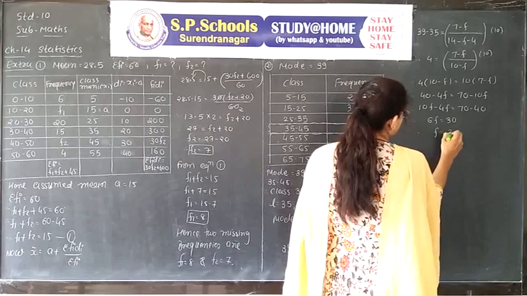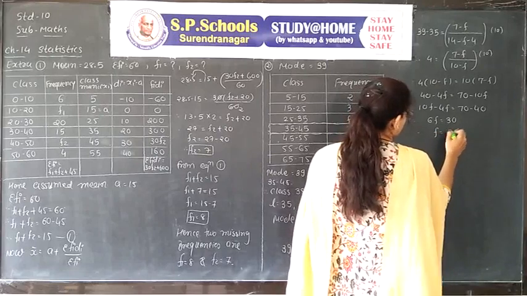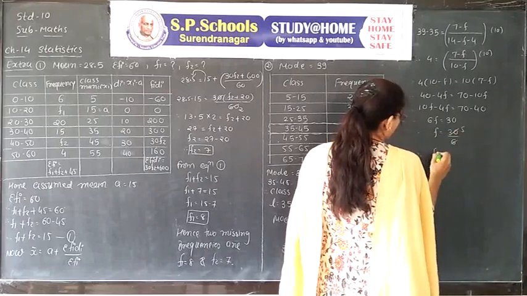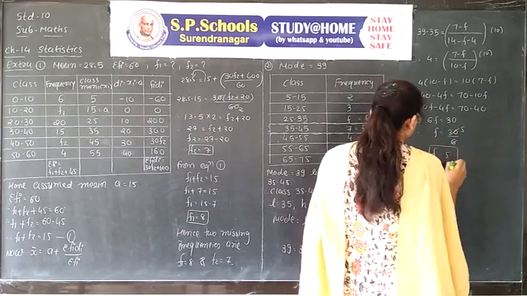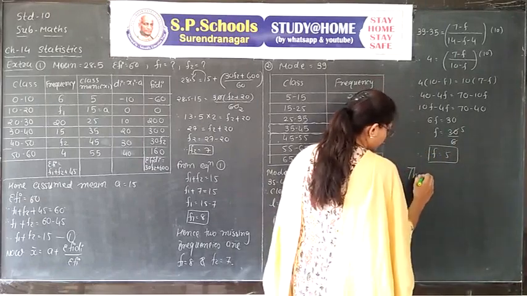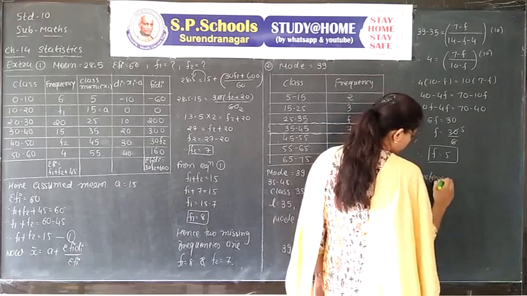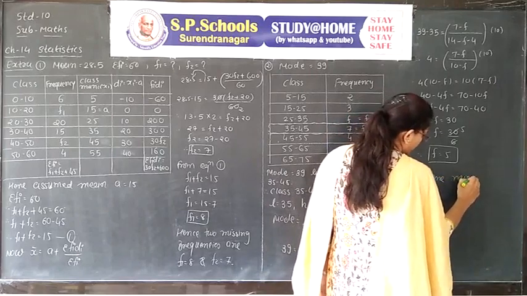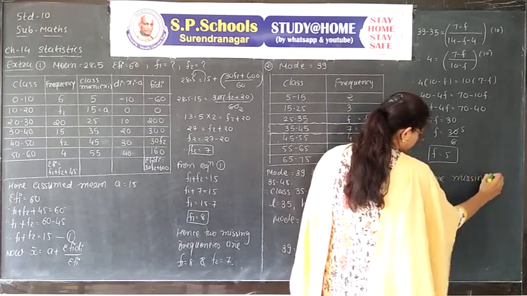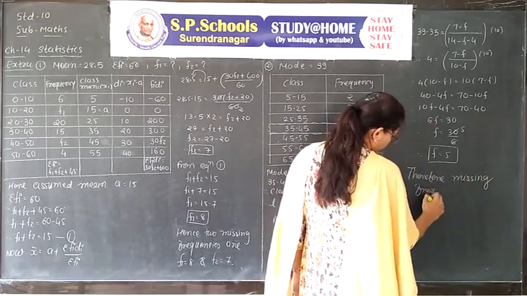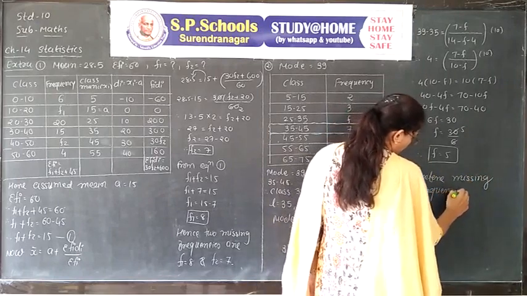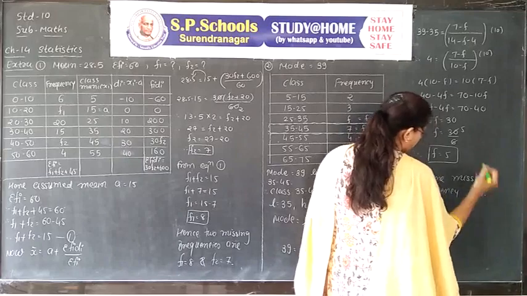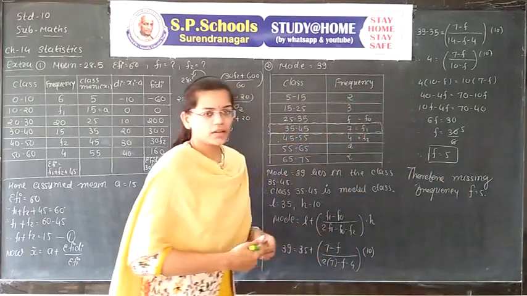That's why F is equal to 30 upon 6. 6 fives are 30. Therefore, F is equal to 5. The missing frequency F is equal to 5 is obtained.